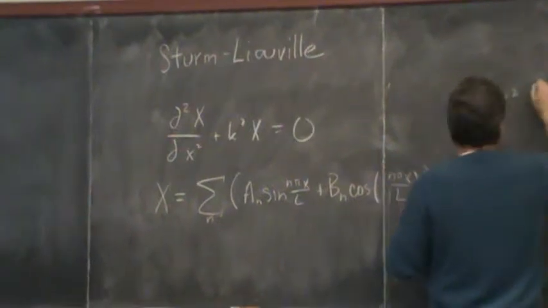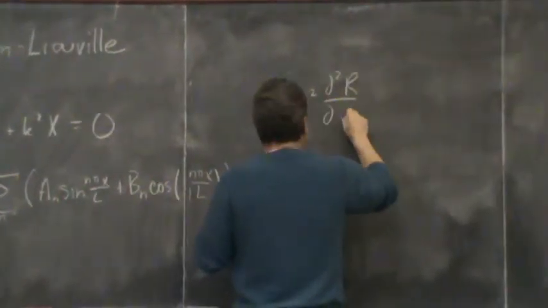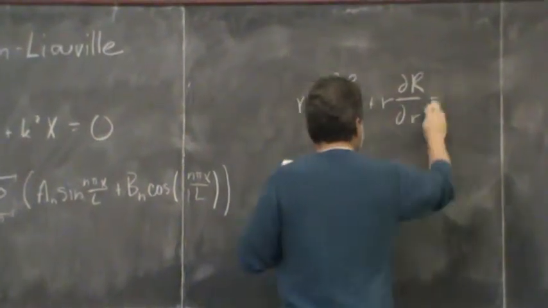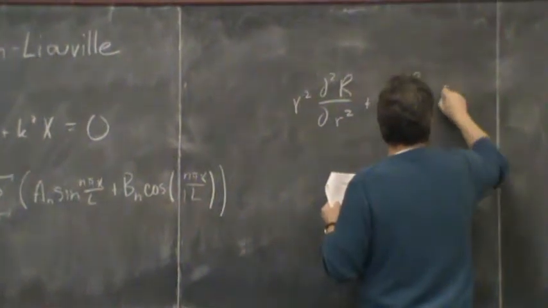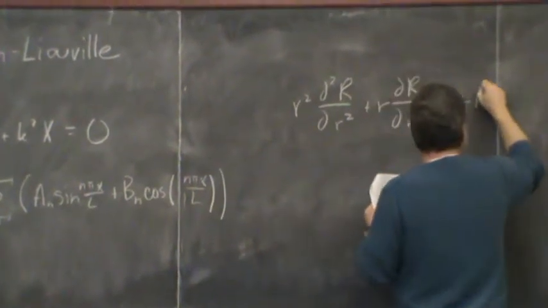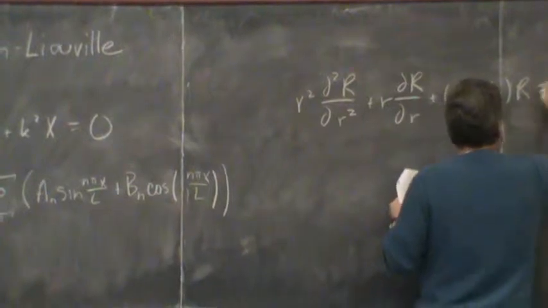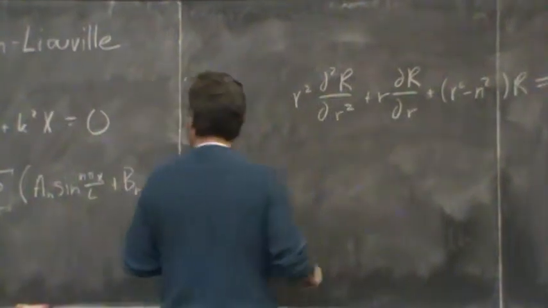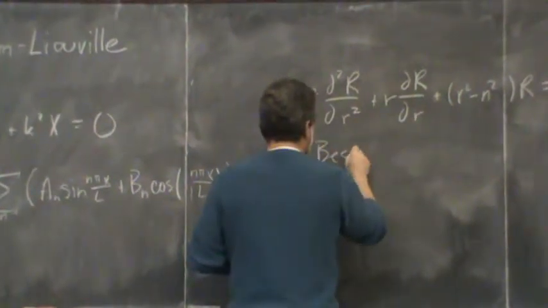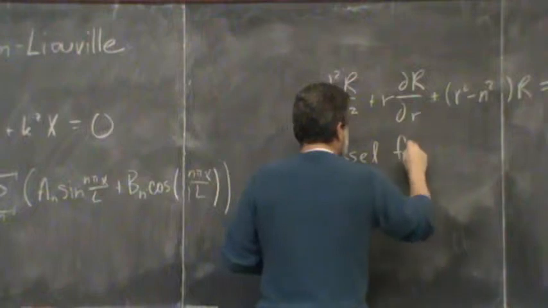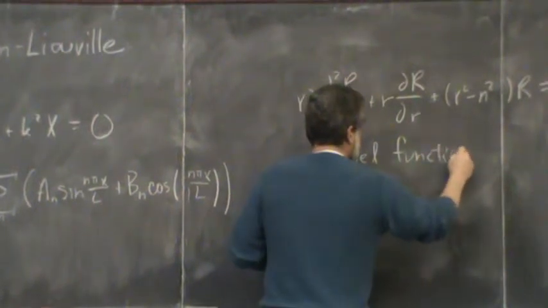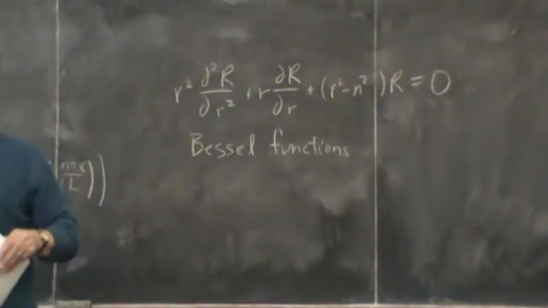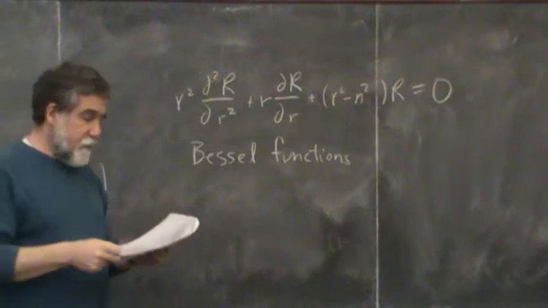In cylindrical coordinates, let's see, I did write it down. Here's another one: r squared d squared R/dr squared plus r... That one is also Sturm-Liouville. And the solutions to this are Bessel functions, which look like sine and cosine functions that decay as 1 over a power of r.